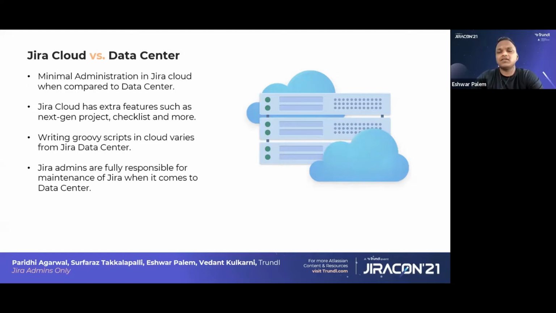This is a major missing thing in Jira Cloud, and I hope we'll get a new plugin or an option in future where we can do on Jira Cloud the same thing we do in data center using behaviors.